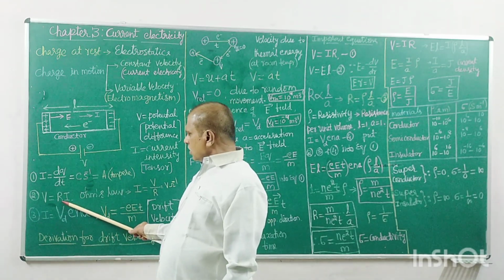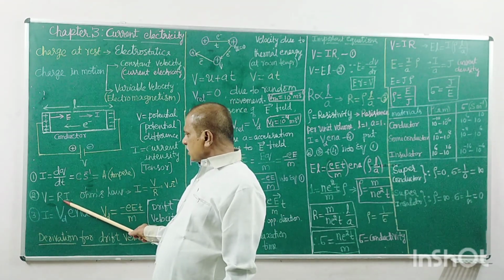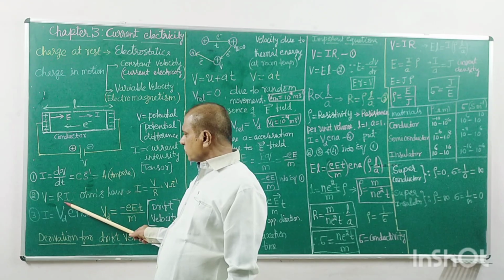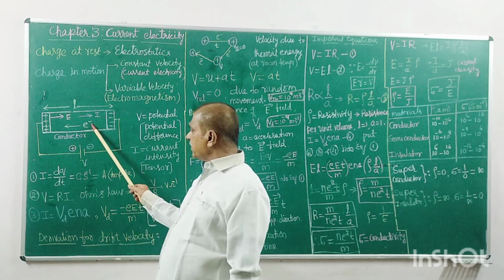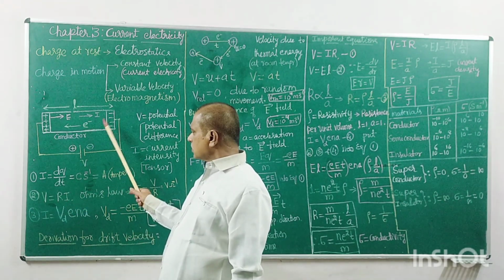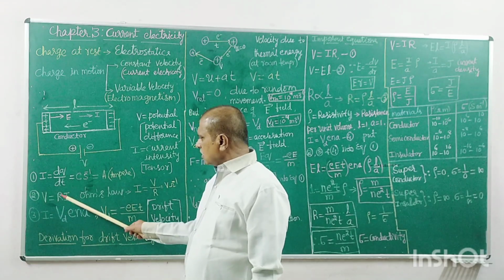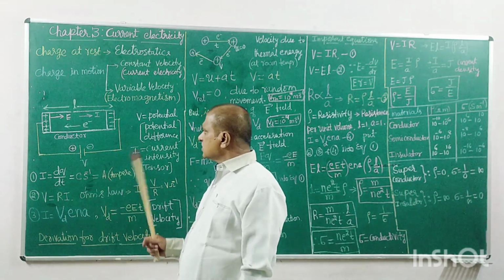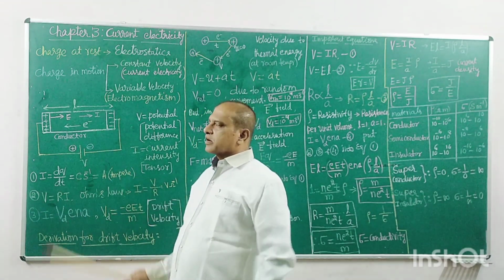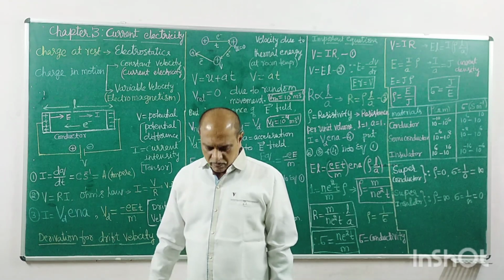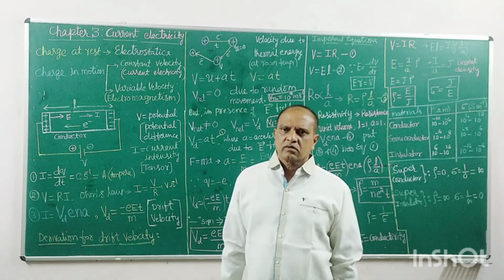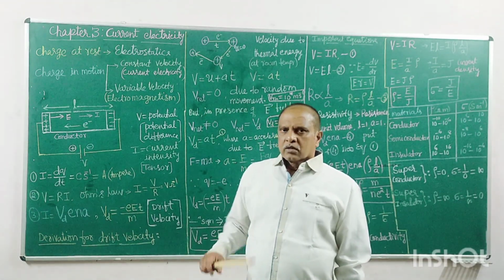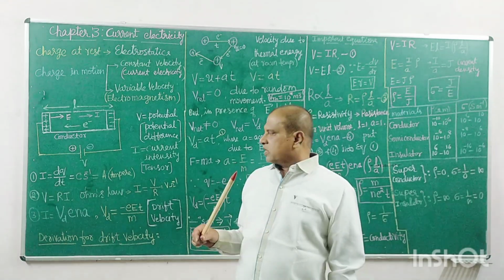So the proportionality constant is called the electrical resistance of the material. As you know, this electrical resistance is a property of the conductor. Every conductor, every material, has resistance.